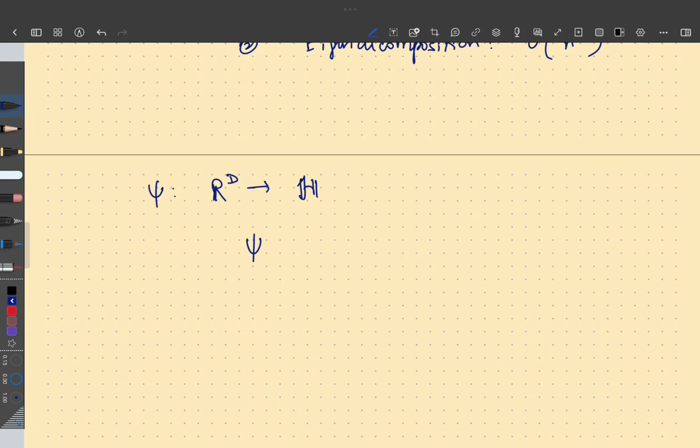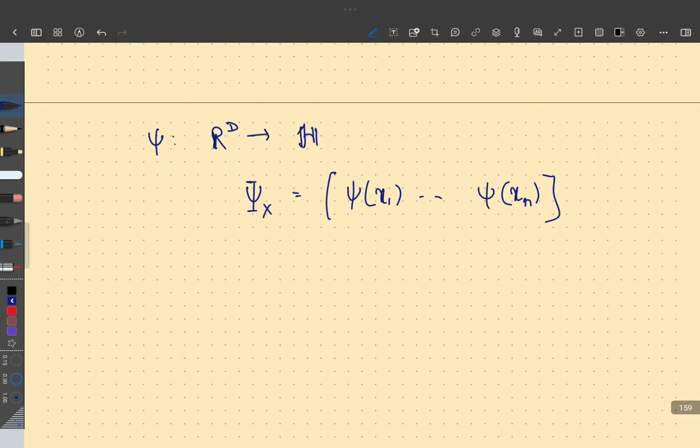Then let's suppose that psi x is the matrix psi of x1 up to psi of xn.